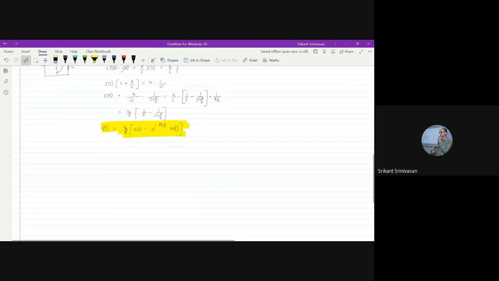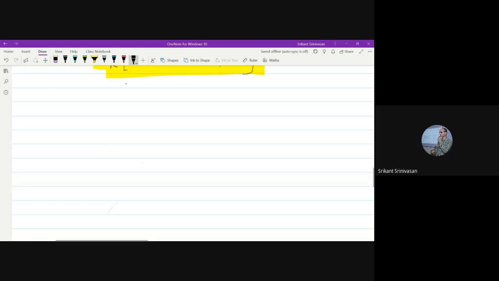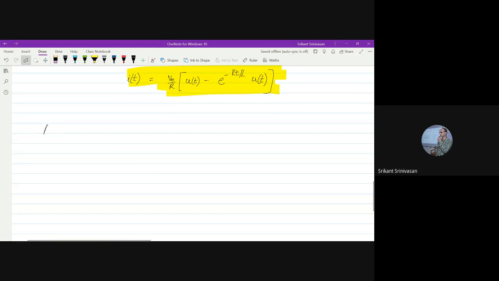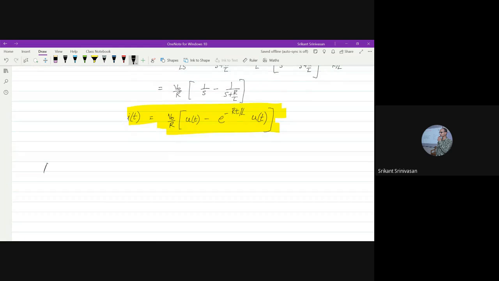In this given circuit, what I'm trying to do is apply some forcing function V of t.